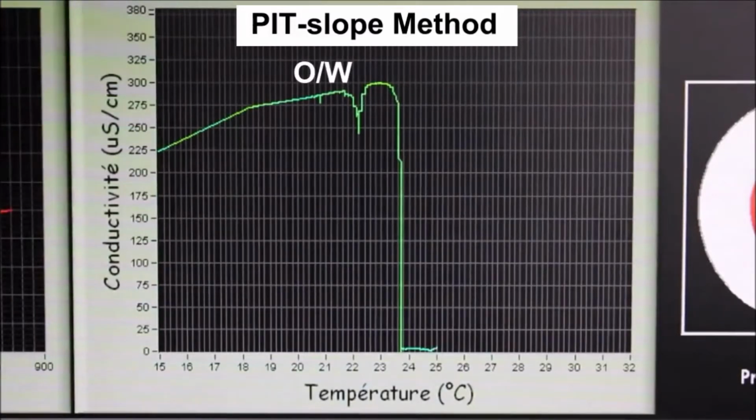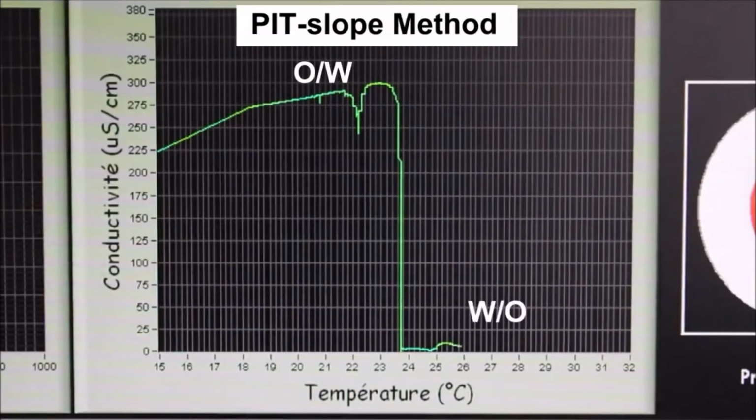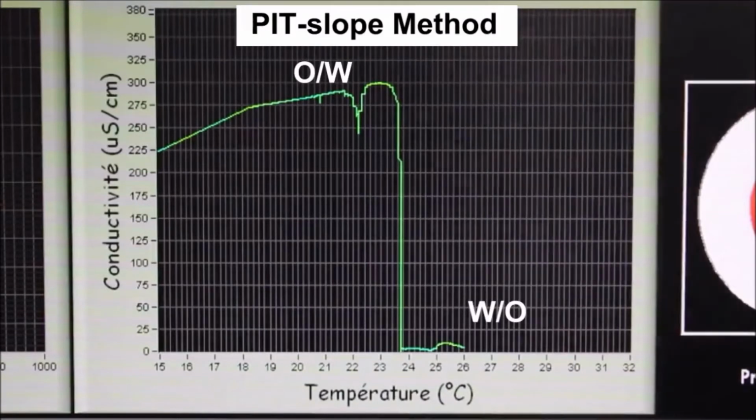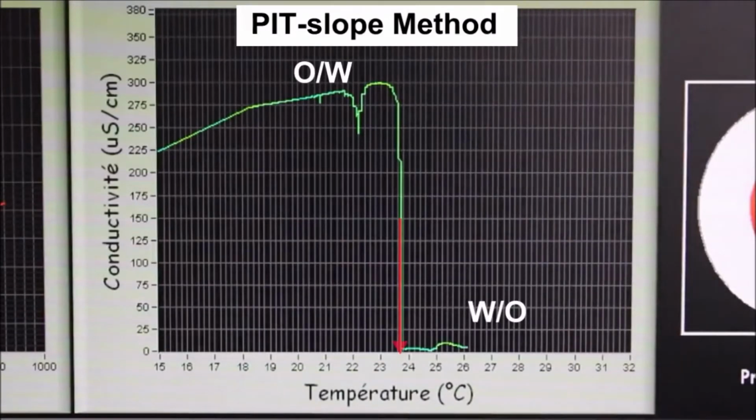Then there is a temperature range in which the conductivity drastically falls, indicating the inversion to a water-in-oil emulsion in which the external phase is the oil and the conductivity is close to zero. We can see that the phase inversion temperature of the reference system is near 24 degrees Celsius. At this temperature, the emulsion is unstable because the surfactant has the same affinity for oil and water.